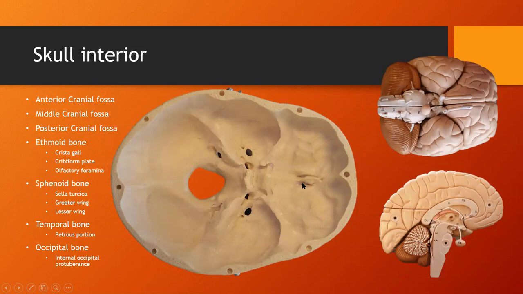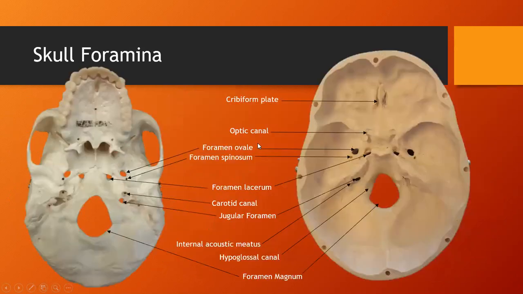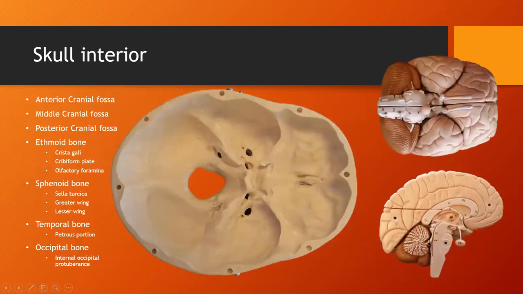Here we have the ethmoid bone, which we will look at a little bit later in our notes. Here in the center, which is our middle cranial fossa, is the sphenoid bone. And then this rear portion is going to be the posterior cranial fossa, which is the occipital bone.